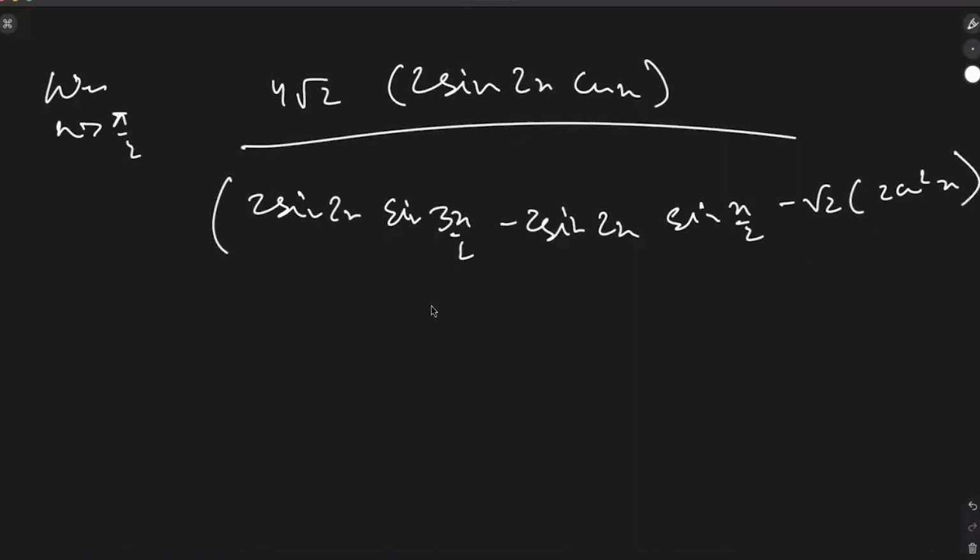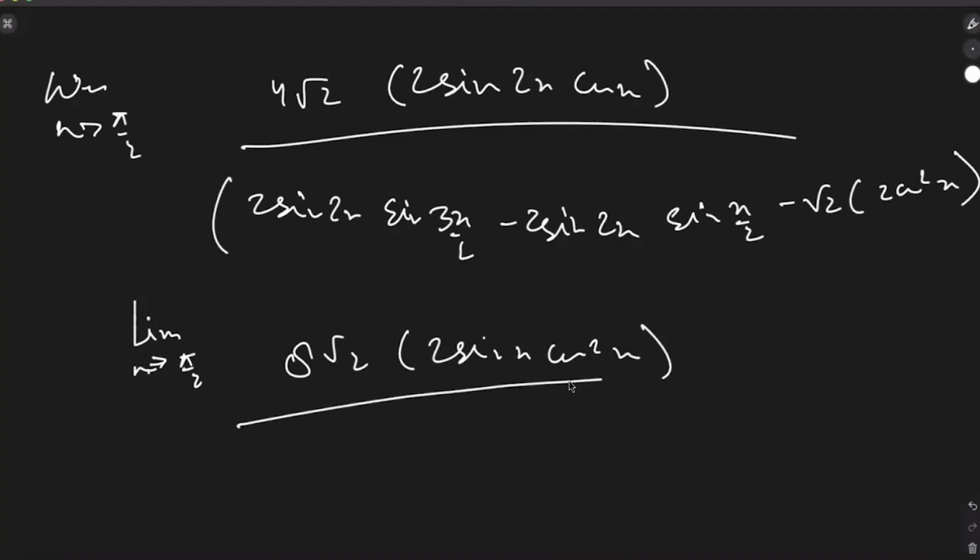Okay. Now limit x tends to pi by 2. So now pi by 2, 4 root 2, so 8 root 2, 2 sine x cos square x.